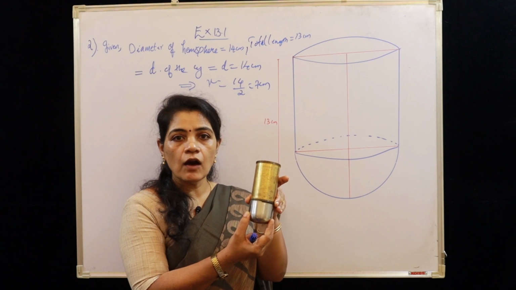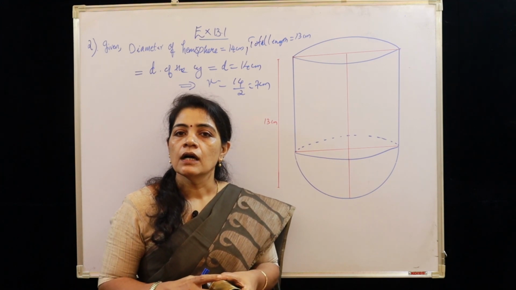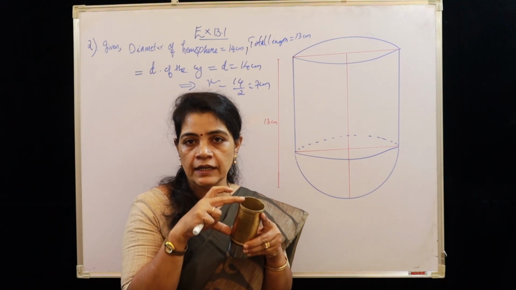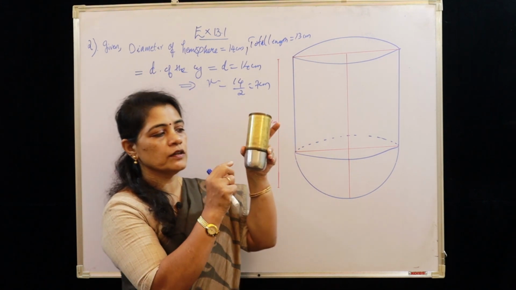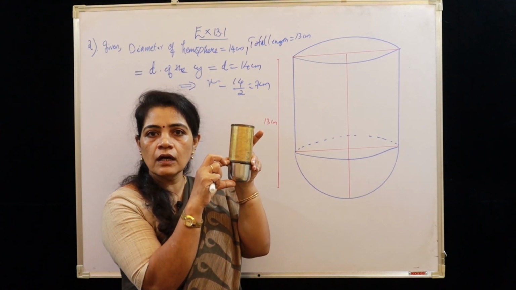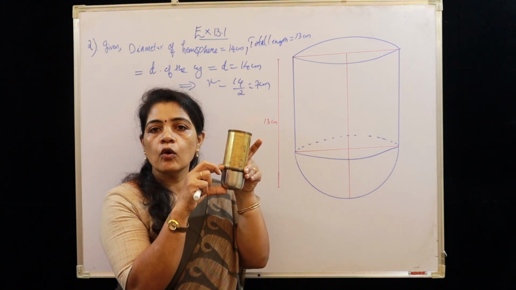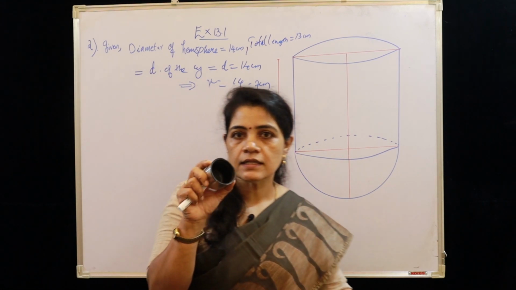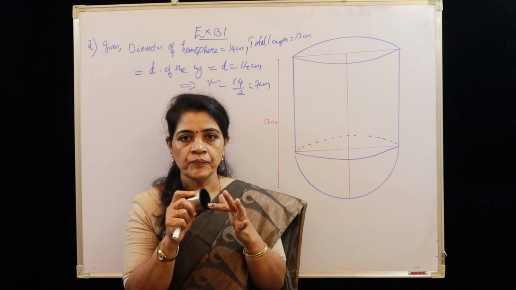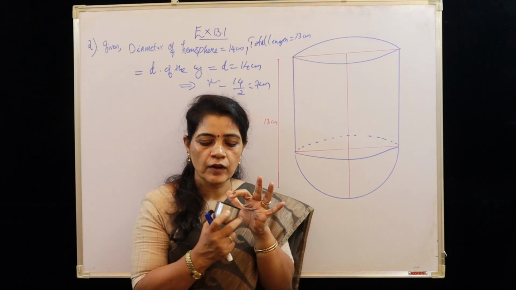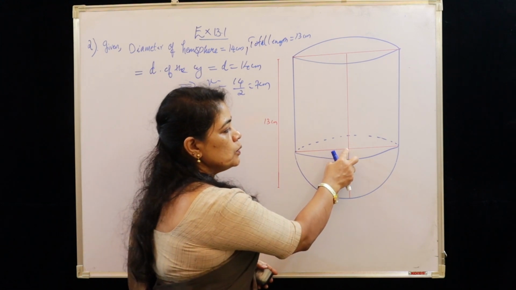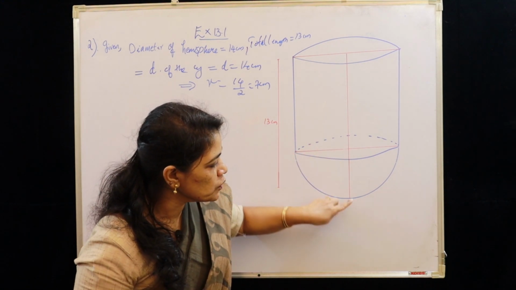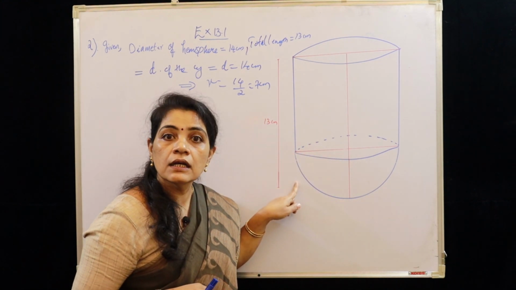Since we have been given the total length of the vessel, we have to find the exact height of the cylindrical portion. For that, you have to subtract the height, or the depth, of the hollow hemisphere. Since this hollow hemisphere is a circular shape, from the center to this point is the radius, and that is the same as from the center to any point on this curve.